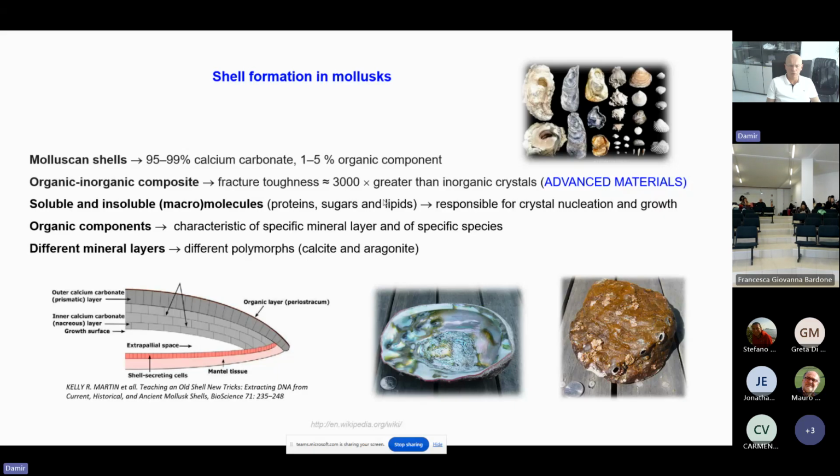It is very often possible that different mineral layers have a different polymorphic composition, particularly calcite and aragonite, as in the example with these shells you can see here.